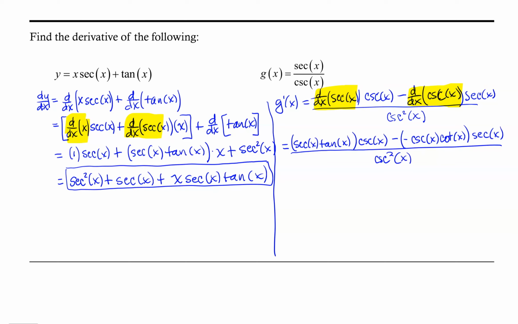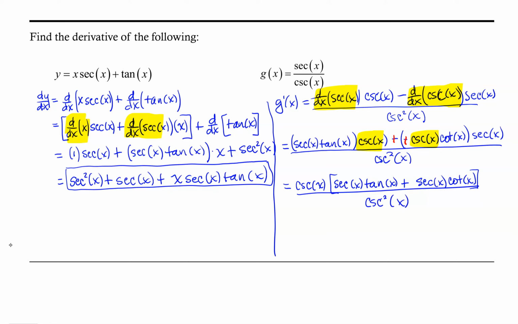We can notice that we are subtracting a negative in our numerator, so we can turn that into addition. We can also notice that we have a common factor of cosecant in our numerator, so we can factor that out. So cosecant of x times secant x tangent x plus secant x cotangent x, all over cosecant squared x.